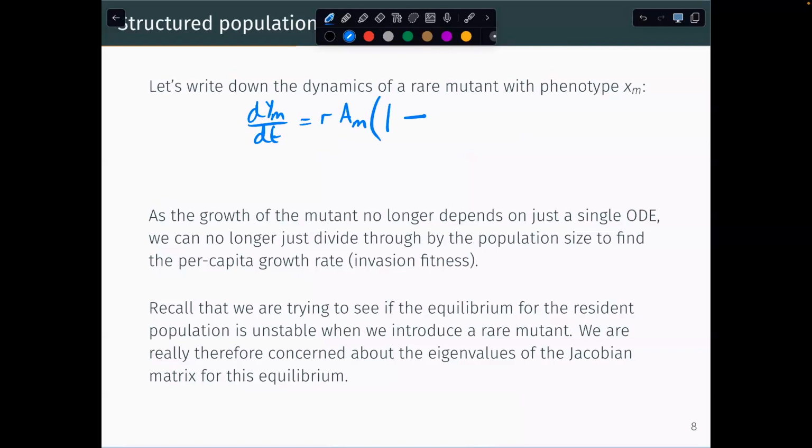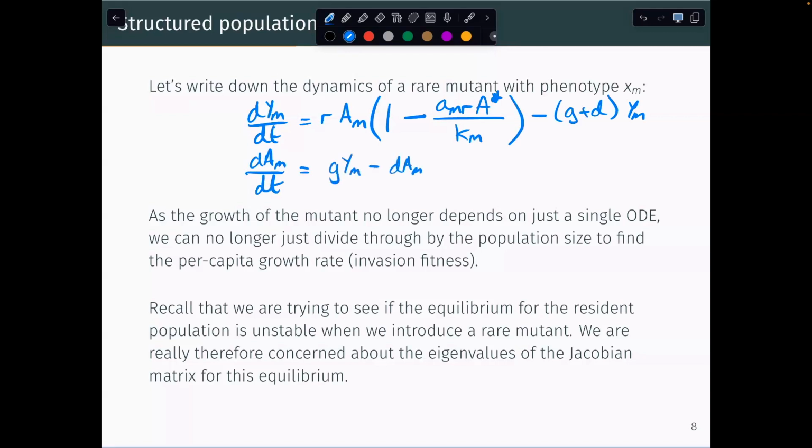Okay, so that means that rather than that sum over our resident type and our mutant type, we just need to look at interactions between our mutant and our resident population, which is at population density A star. And we've got our carrying capacity for our mutant, Km. And then we've got minus G plus D times by Ym. And then our equation for our adult mutants, which is G times by Ym minus D times by Am.